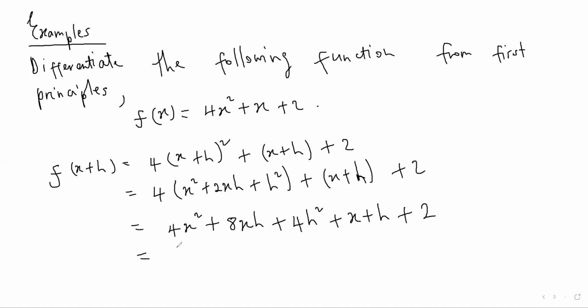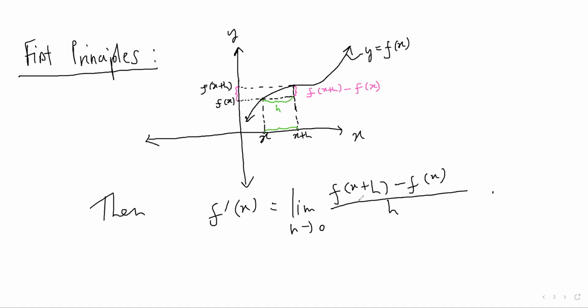Now, can we expand it further? Are there any like terms? I don't see any like terms, so for now we just leave it like this. We have our f of x plus h. So let's go to the formula and see what we need this for.